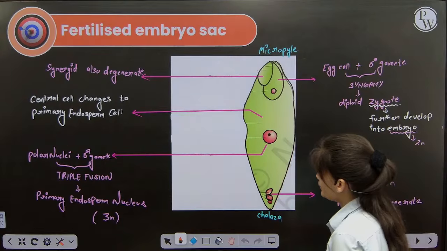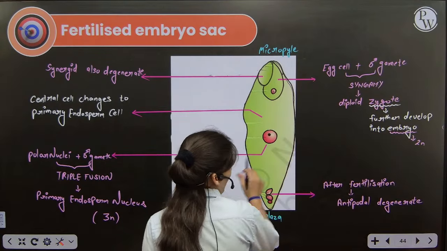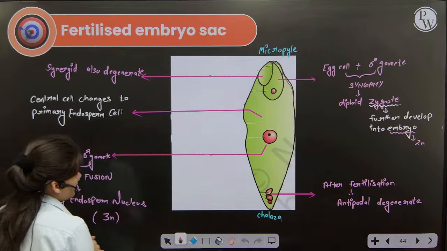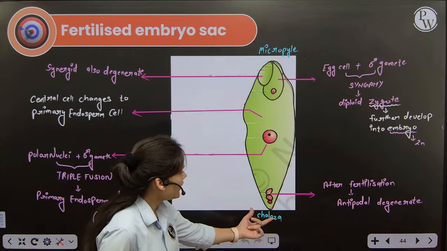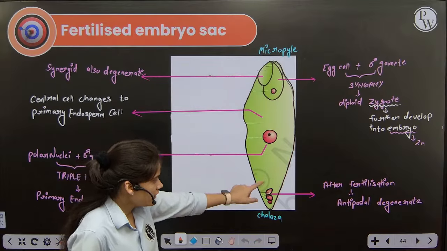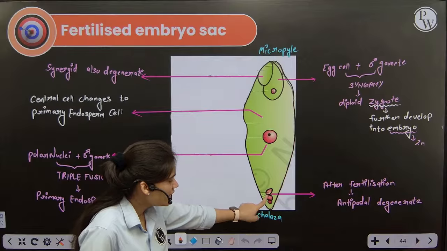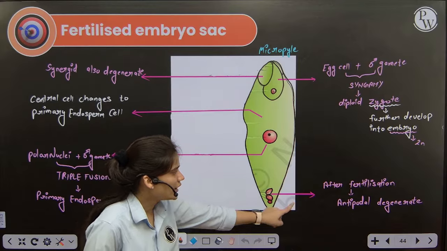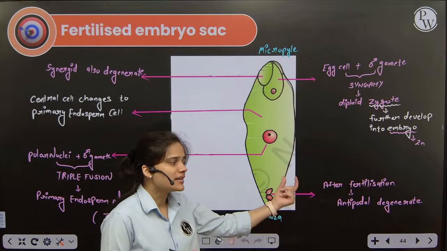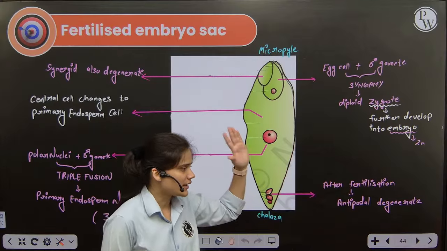Now we'll see the fertilized embryo sac. This end is the chalazal end, and that end is the micropyle end. Towards the chalazal end, antipodal cells are initially present, but after fertilization, what happens to these antipodal cells? They degenerate.